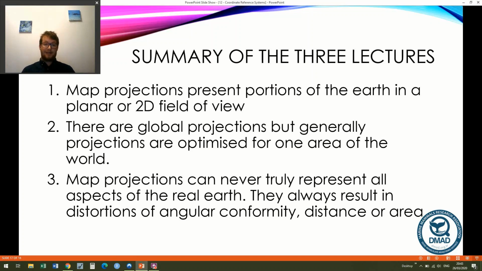We're always going to have to sacrifice one of those, whether that's angular conformity or distance or area. But we might choose to sacrifice a little bit in each of those to try and make our overall distortion effect less.